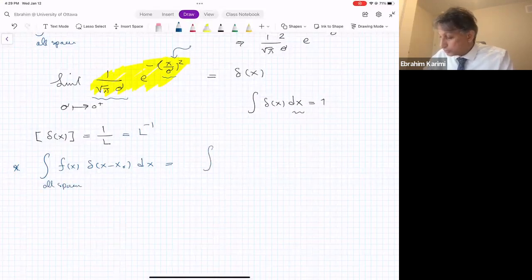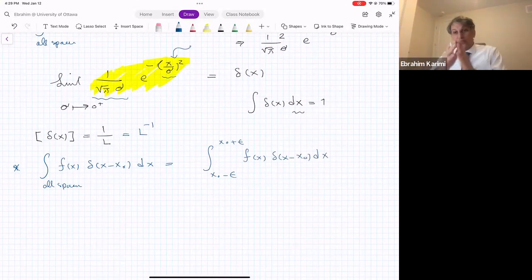That can be reduced to the integral from x0 minus epsilon to x0 plus epsilon of f of x delta of x minus x0 dx, because anywhere outside of that, not close to x0, the delta function is 0.